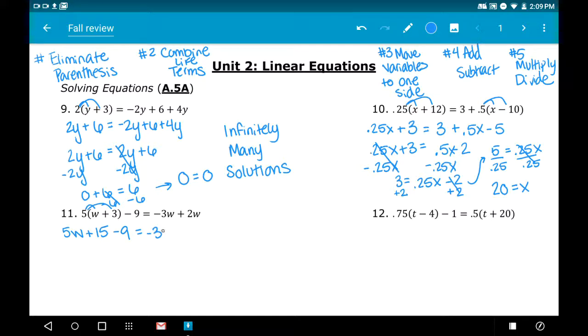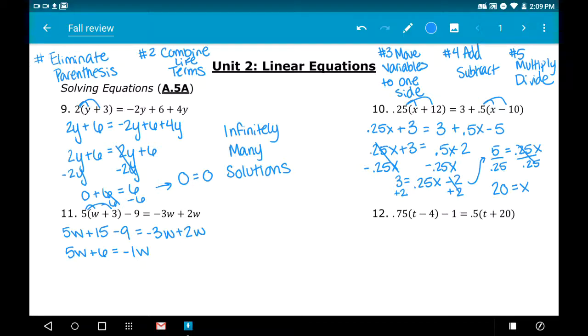And then there are no parentheses on the right, so I just rewrite negative 3w plus 2w. Second step, combine like terms. So we have like terms on the left, this 15 and the negative 9. So we end up with 5w. 15 minus 9 is 6. Negative 3w plus 2w is negative 1w.